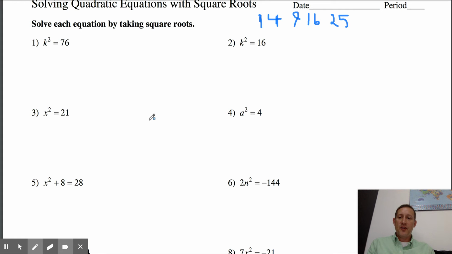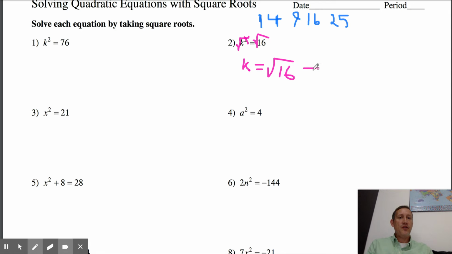Okay, so how do we undo a square? We take the square root. So to undo this k squared, we take the square root, and they cancel each other out. We're just left with k. And then when I take the square root of the opposite side, the square root of 16, that's the answer.